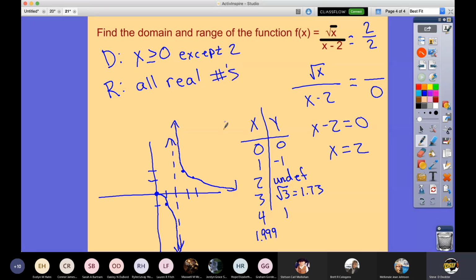Remember, the range is just testing what values of y would work for this. And we could technically get every single number on the number line for our y value here. These take a little bit more work. The more complicated the equation is, the more work that is needed for it.